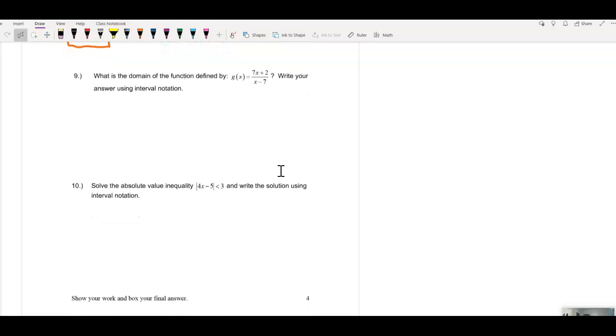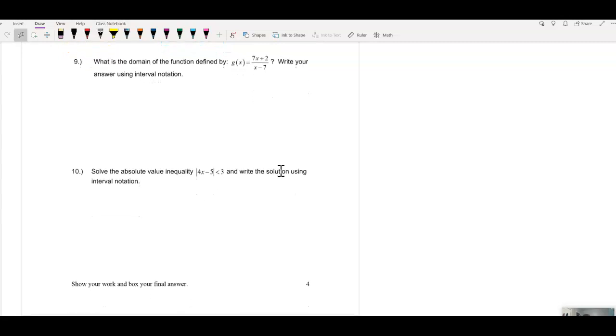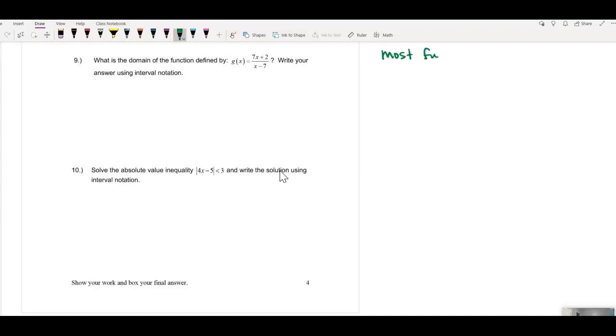All right, so on this one, remember that with domain, when you're looking at the equation of a function, usually on most functions, our domain is going to be all real numbers, or negative infinity to positive infinity.